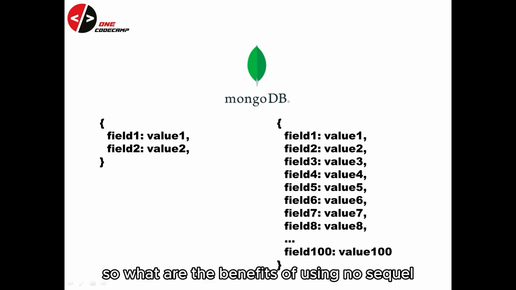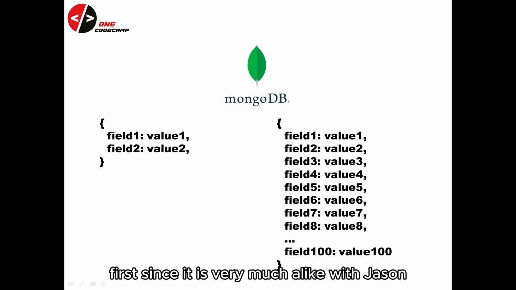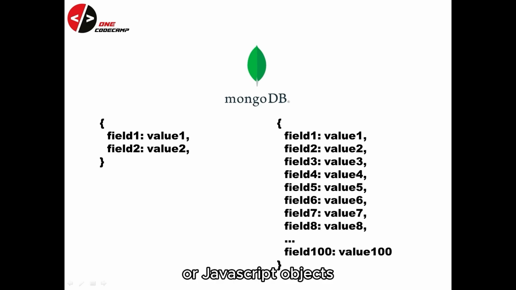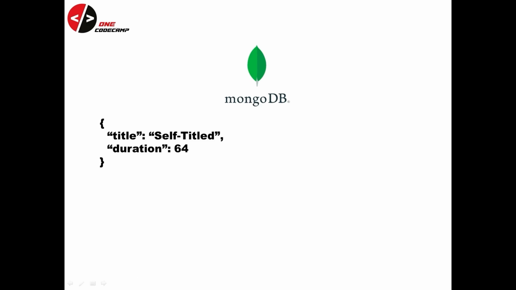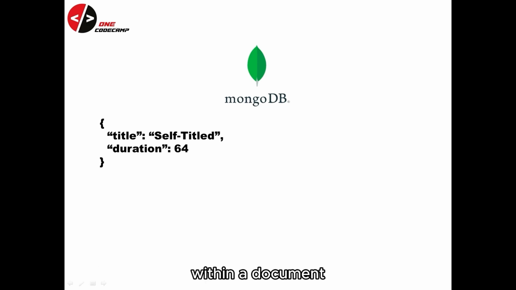So, what are the benefits of using NoSQL over using SQL, which uses tables, rows, and columns? First, since it is very much alike with JSON or JavaScript objects, it is easier to work with it if you are familiar with JavaScript. It also allows us to store nested documents within a document.